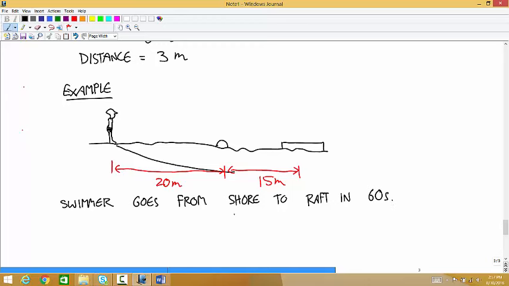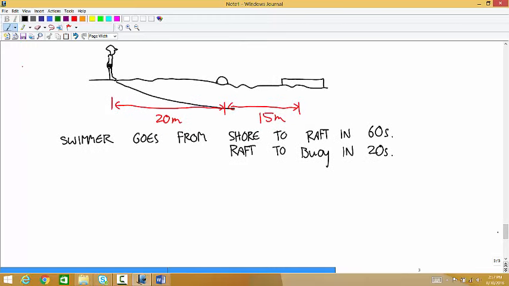Then goes from the raft to the buoy in 20 seconds. And then decides to go back to the raft, and so goes from the buoy back to the raft in 30 more seconds.